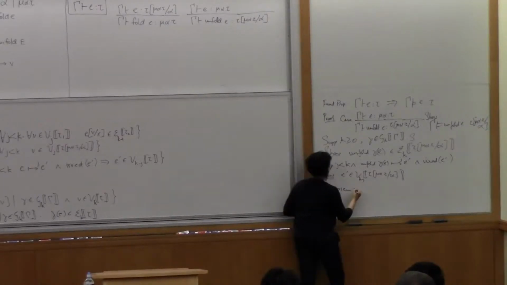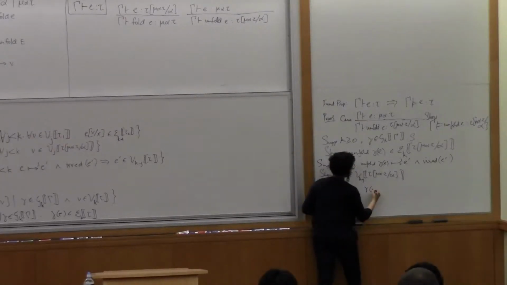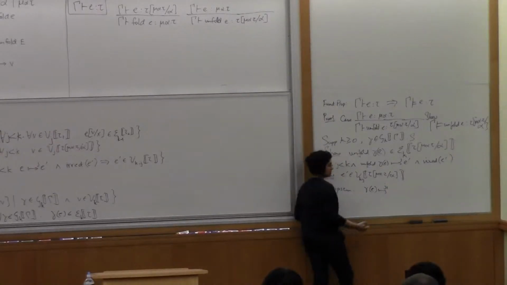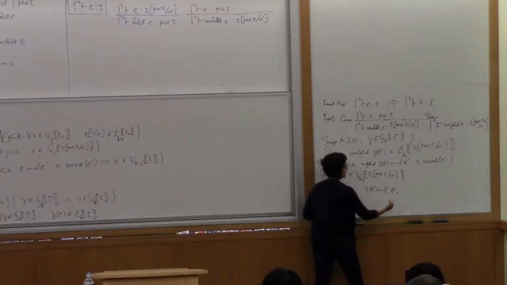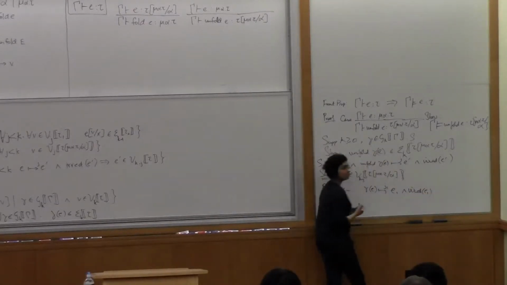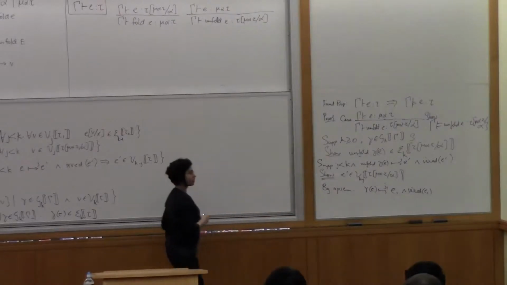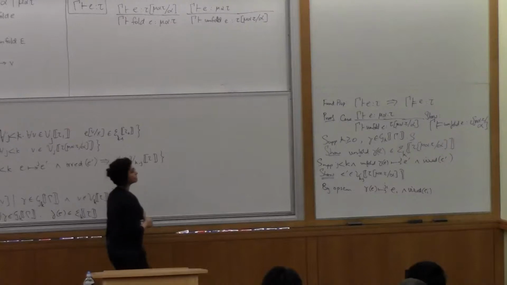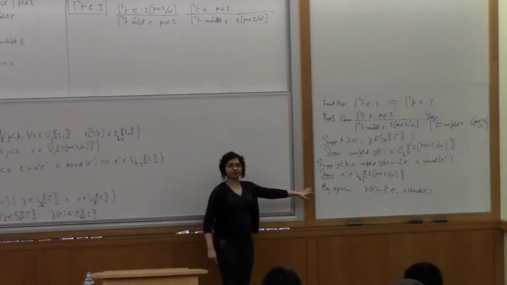By the operational semantics, it must be that gamma E, in some, let's say, J1 steps, stepped to some E1, and E1 is irreducible. That's just from the operational semantics, right?